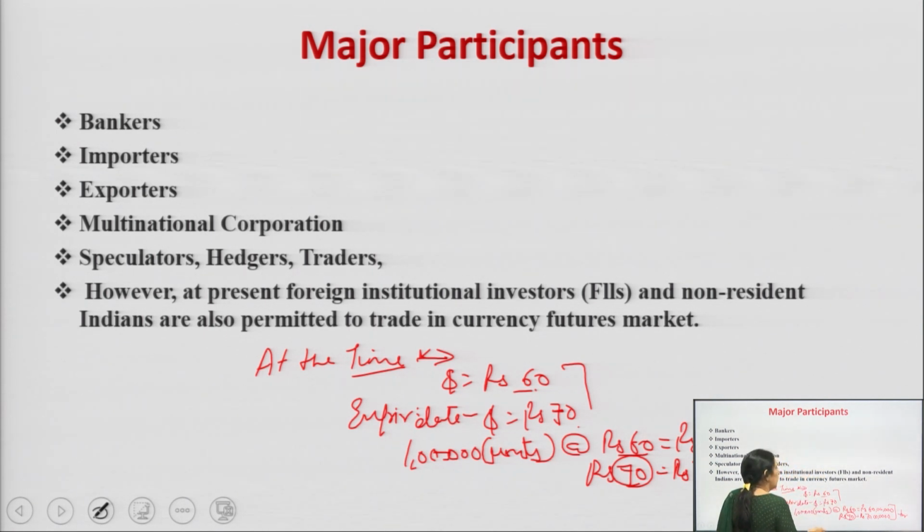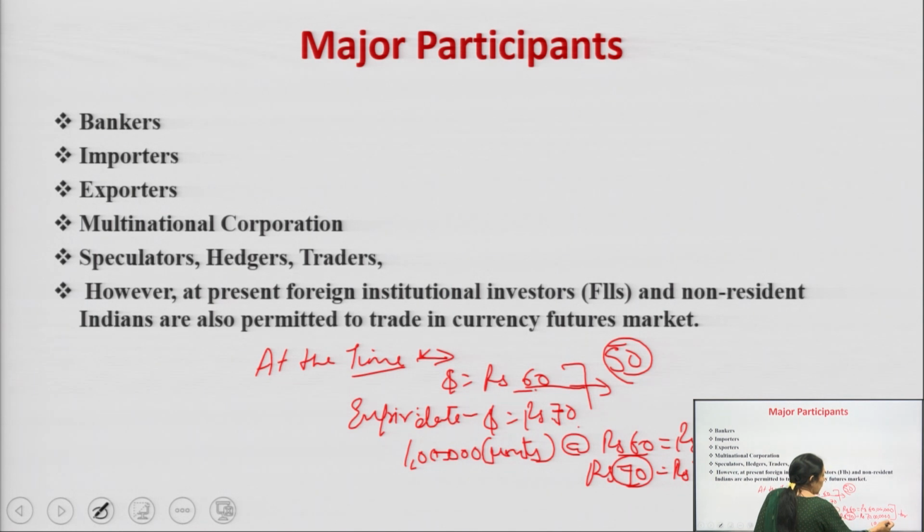But if the reverse happens, and 70 becomes 50, then what happens? It is a loss to the importer. How much loss? Again a loss of rupees 10 lakh, and it is a very big loss.